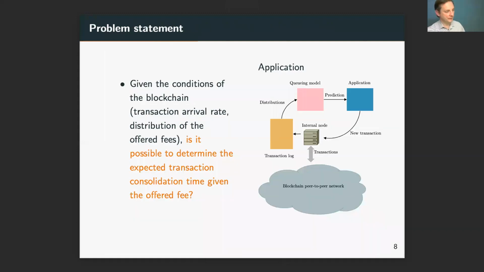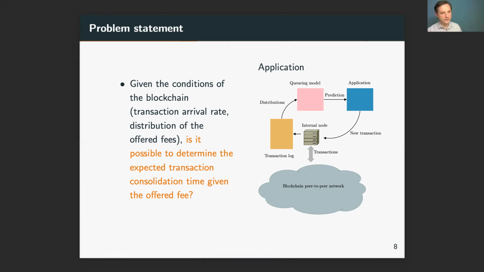So the problem statement is this: given the conditions of the blockchain, is it possible to determine the expected transaction consolidation time given an offered fee? And if we have a model that allows us to support this decision, we may implement it in an application, and the queue model can support the application to decide which is going to be the optimal fee, which will be high, for example, if a transaction is delay sensitive, but it can be low if the transaction is delay insensitive.